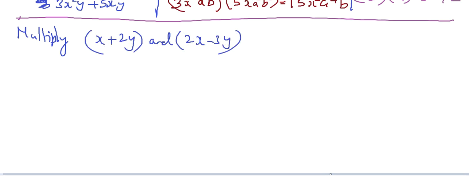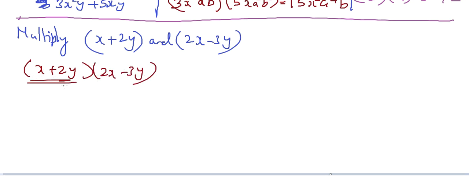Okay, so as usual, what is the meaning of this multiply? That means x plus 2y into 2x minus 3y. Okay, so in this case we need to multiply each term of this first polynomial. The first polynomial has two terms.